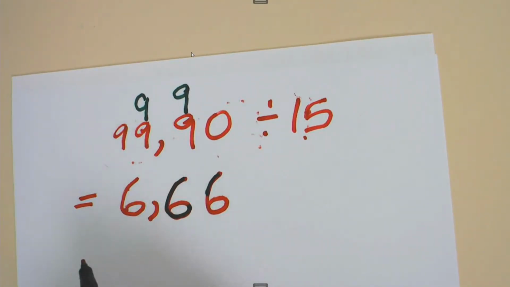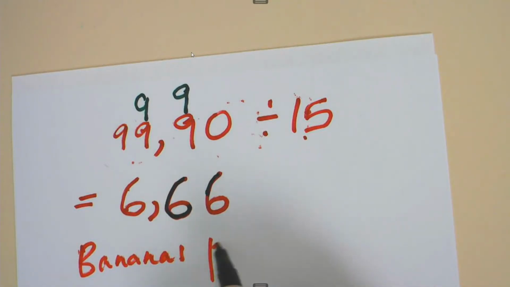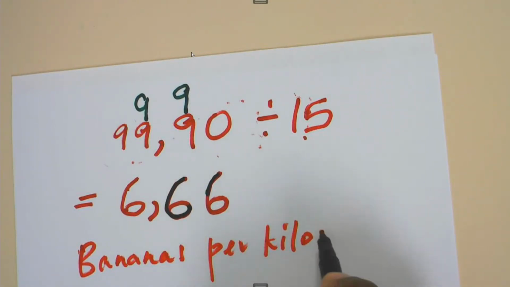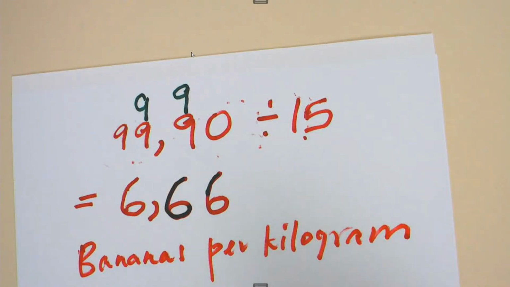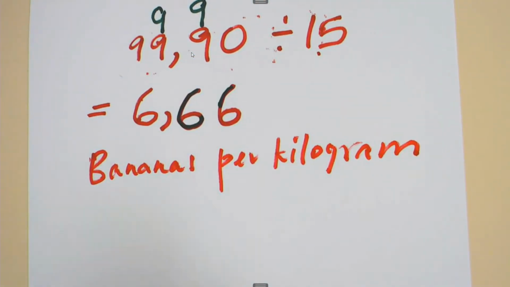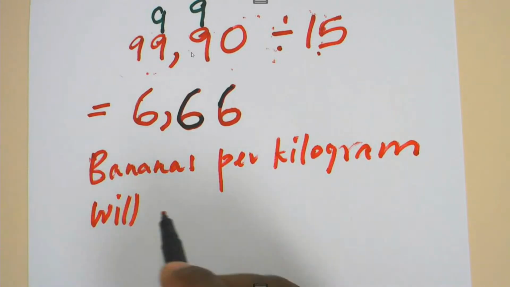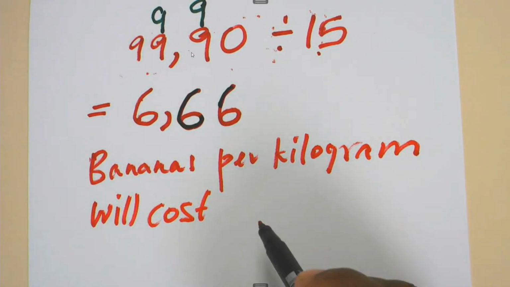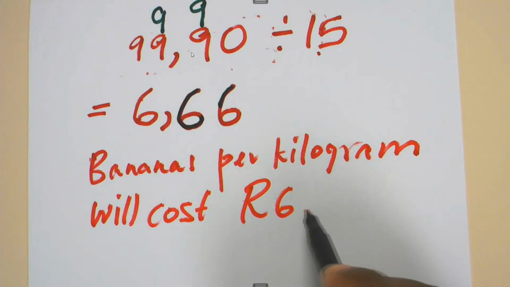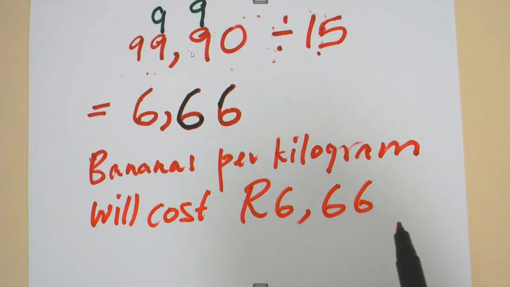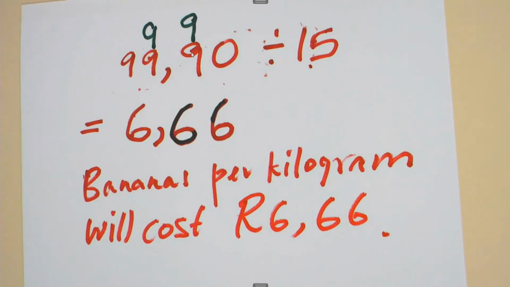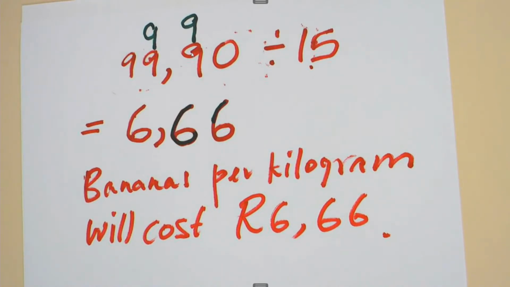Therefore, our answer is bananas per kilogram will cost 6.66. Then you have answered the question. You cannot just leave it as 6.66. You must answer it. Very good.